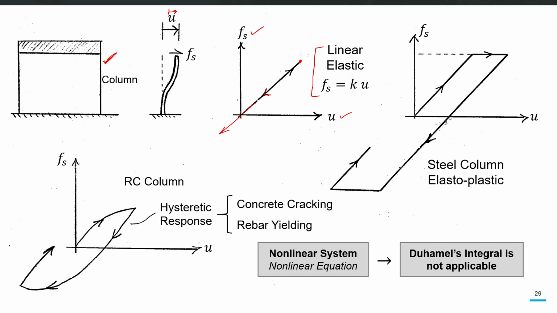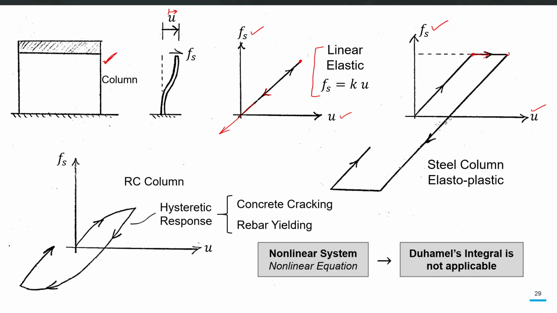But let's say, for example, this column is made of steel material, and that steel material has some yield capacity, some yield point. So in that real case, the relationship between Fs and u will never remain linear forever. When that yield point of the steel is reached, the curve will become horizontal, which means the steel has yielded.